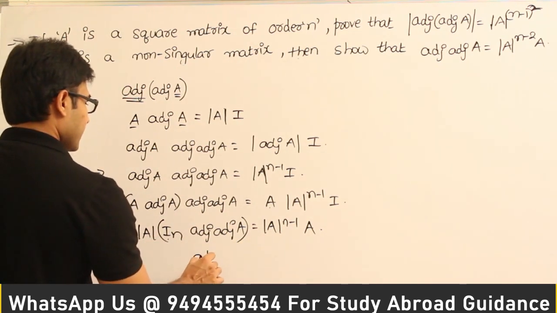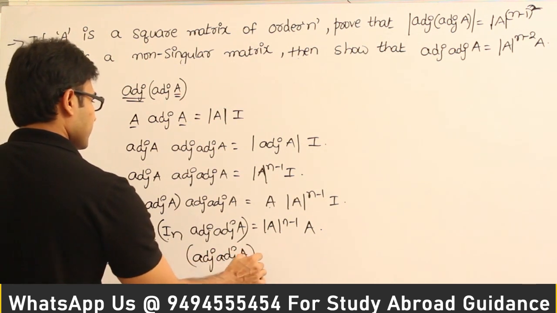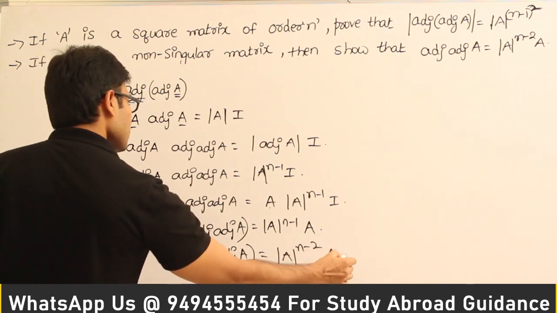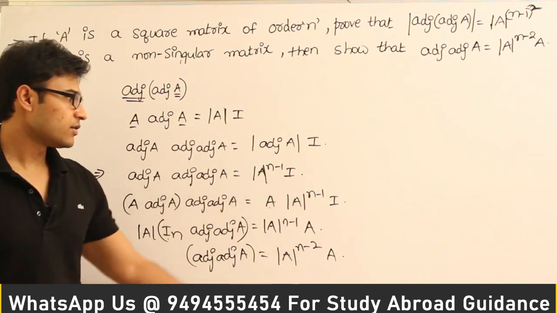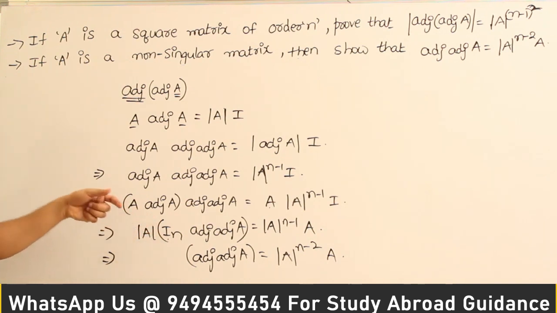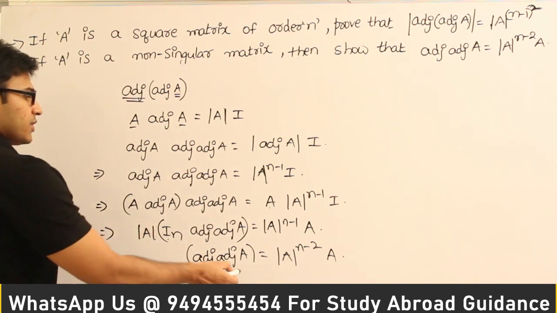So here I get adjoint of adjoint of A equal to det A power n minus 2 into A. See, sometimes I am writing In and sometimes I am writing I. Don't get confused. Whatever it is, it is always an identity matrix, and the size of it depends on the size of the other matrices.